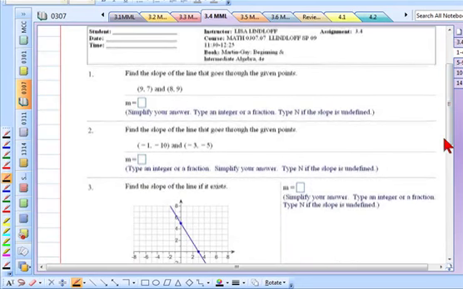Now I will probably go down to the bottom of this page because you can't read that minuscule little print in class. If you were watching the video, you could probably see it. Question number 1 says, find the slope of the line that goes through the given points. Okay, I'm given 2 points.